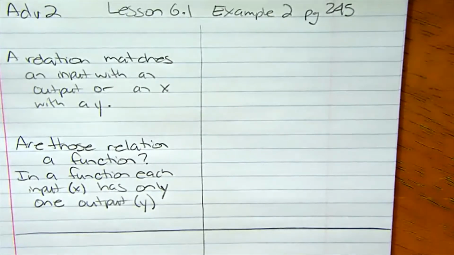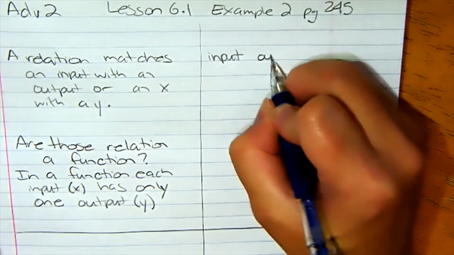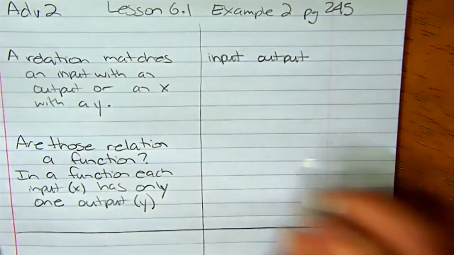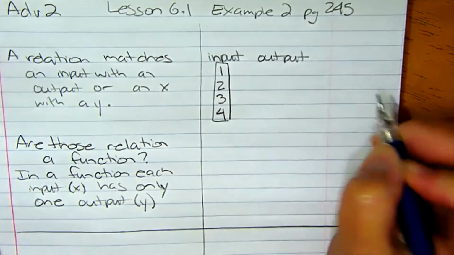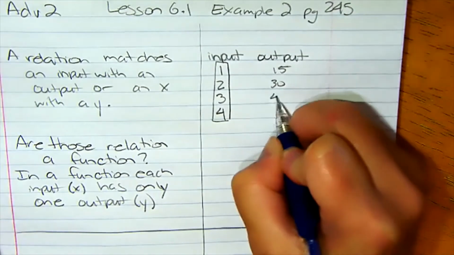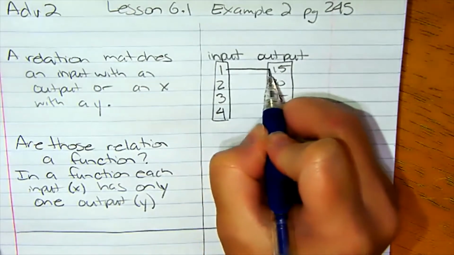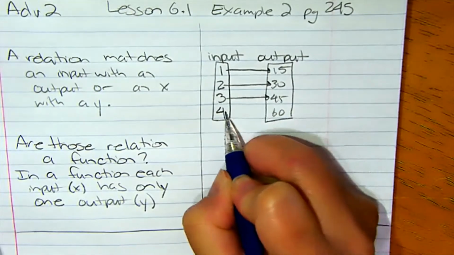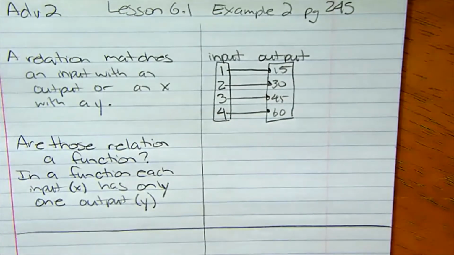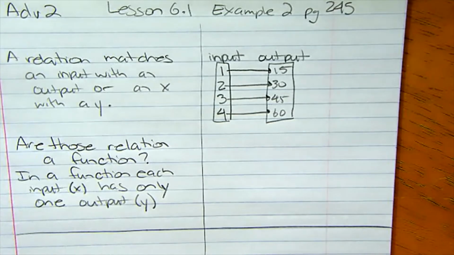Well, let's see. So the book will give us a mapping diagram that looks like this. Input, output, 1, 2, 3, 4. Output, 15, 30, 45, 60. And remember, we use these arrows to show how they are paired or how they match. So the book has given us this mapping diagram and they ask us, is this a function?